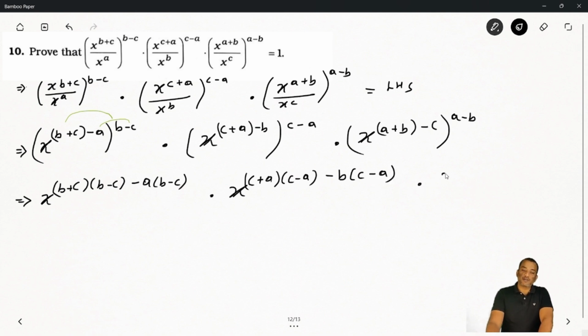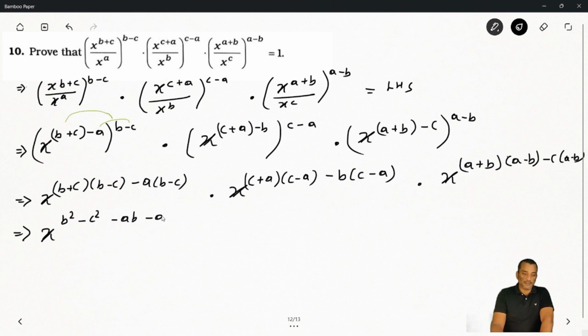Now times x to the power a plus b times a minus b, and last one minus c times a minus b. Hope you're getting this much. Now you can apply all the rules. This is the identity b plus c into b minus c. So how much will you get? You will get b square minus c square, and here you will get minus ab and minus ac.